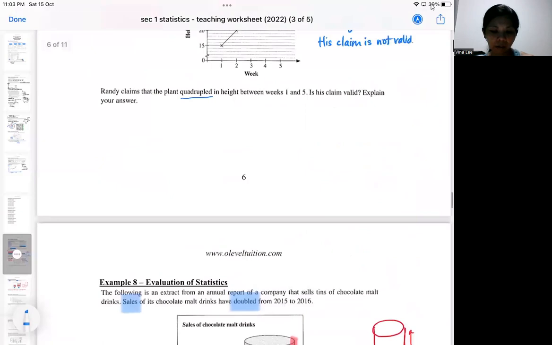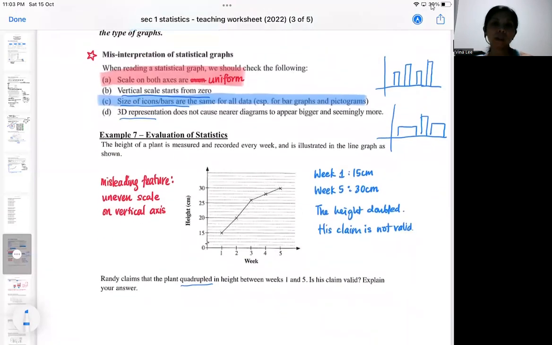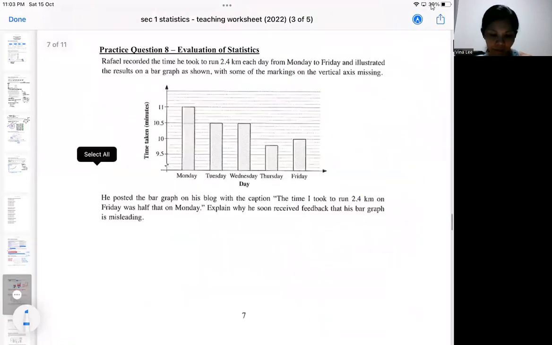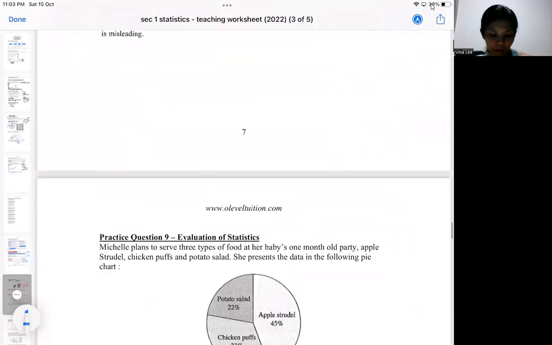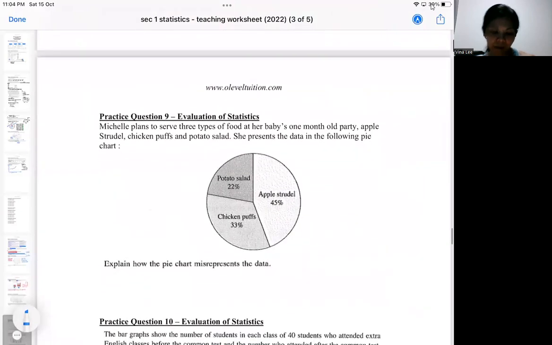So these are the few things, but when you answer this kind of question, you got to base it on the context. You got to fit the context of the question.